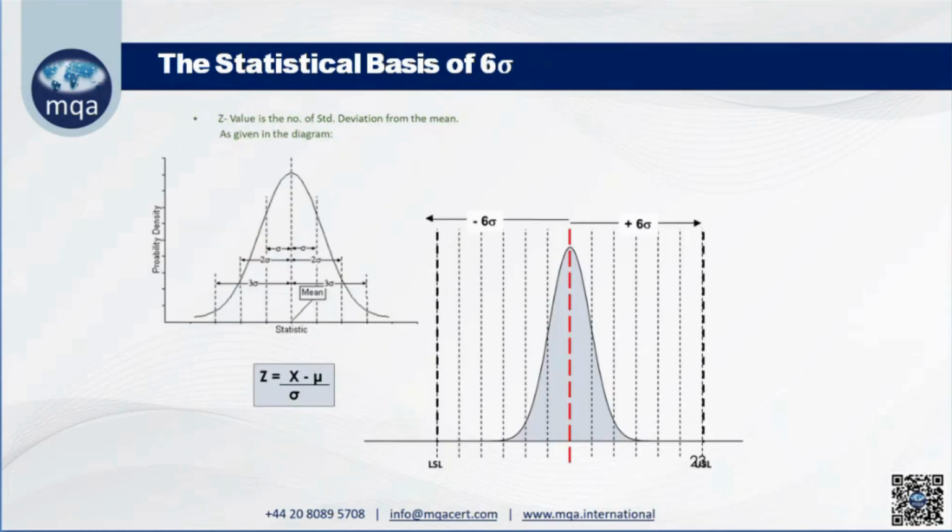We can see it also from some other angle. Z value is the sigma level. How many variations we can fit around the mean, 1 sigma, 2 sigma, 3 sigma on both sides. That is our goal.